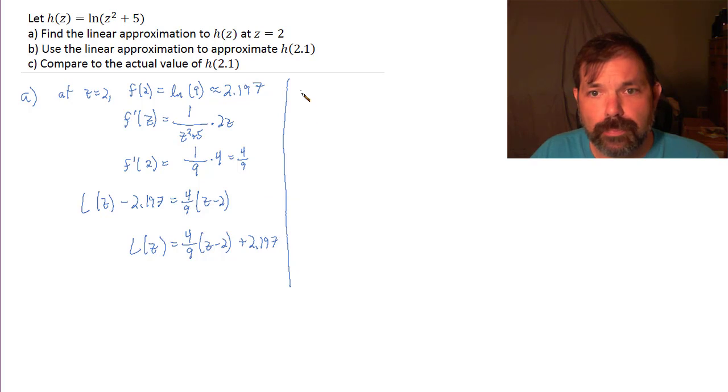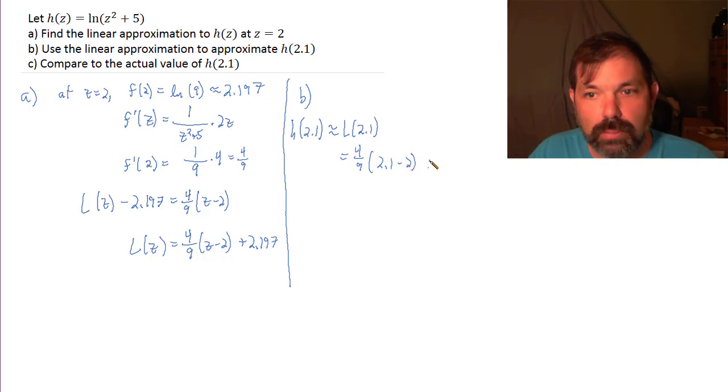All right, so then B, use the linear approximation to approximate h of 2.1. So then h of 2.1 is approximated by the linearization at 2.1, which is equal to 4/9 of 2.1 minus 2 plus 2.197.